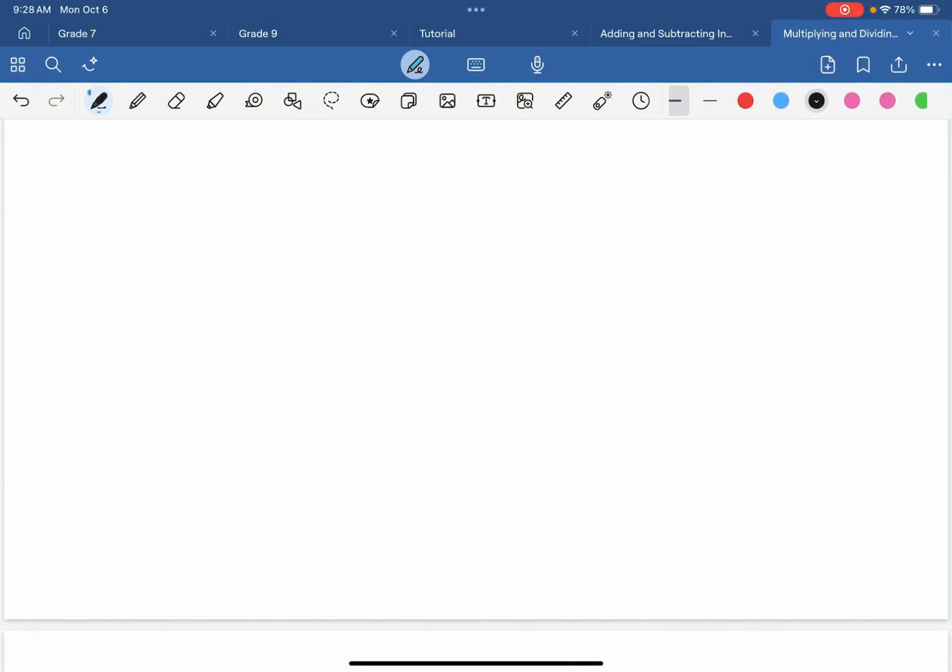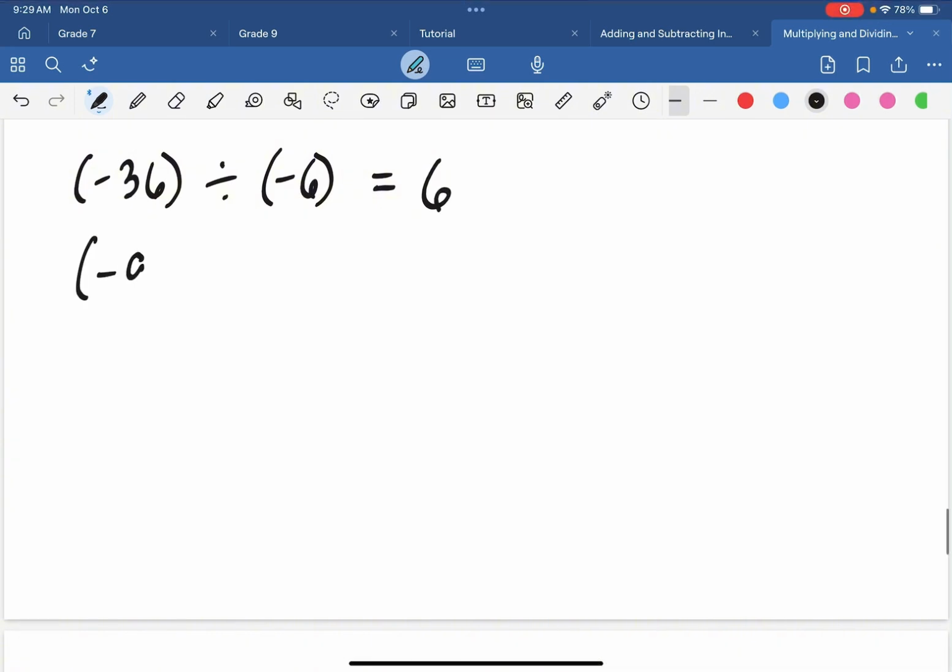Now, this time let's have dividing integers. So I'll give basic examples here. First, we have negative 36 divided by negative 6. So same signs, negative divided by negative, so that means the answer should be positive. And just dividing the base numbers, 36 divided by 6 is just 6. Next, we have negative 90 divided by 15.